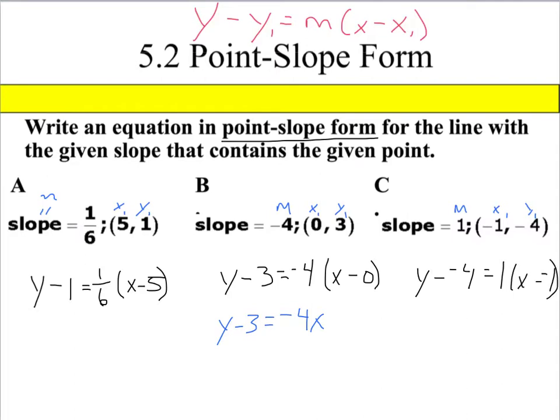Can I simplify here? Absolutely. I can simplify this to y plus 4 is equal to 1x plus 1. Okay, 2 negatives are going to be a positive. Awesome. So here's the equation, and we're done. Point slope form. Awesome.